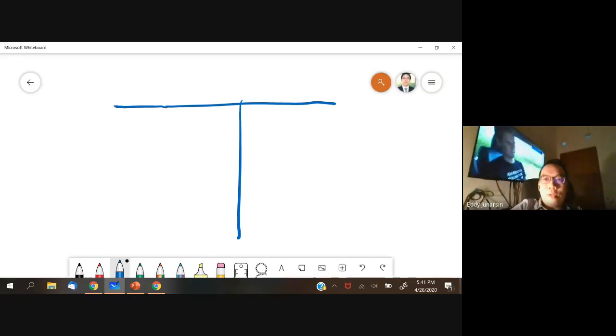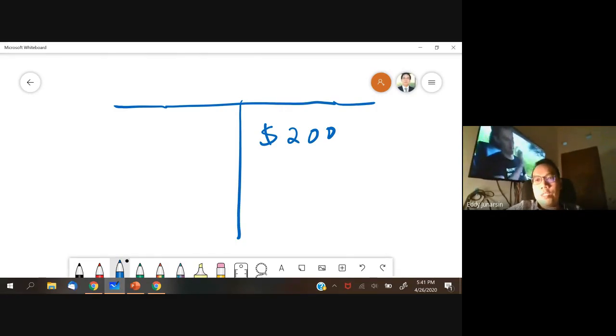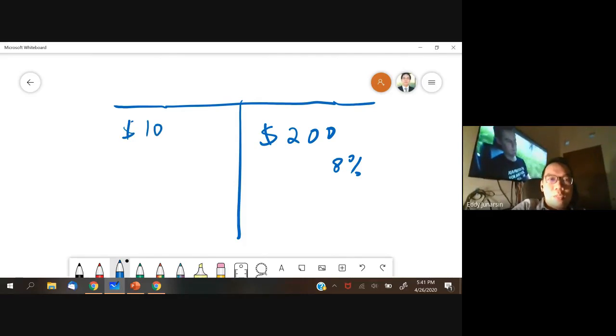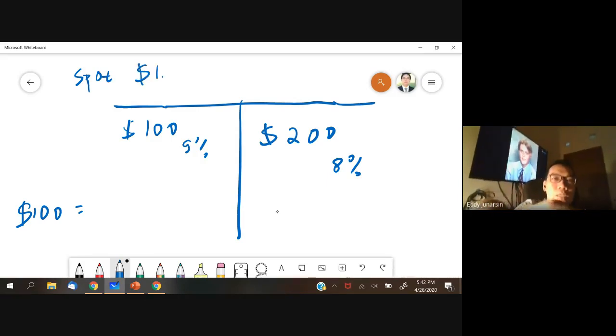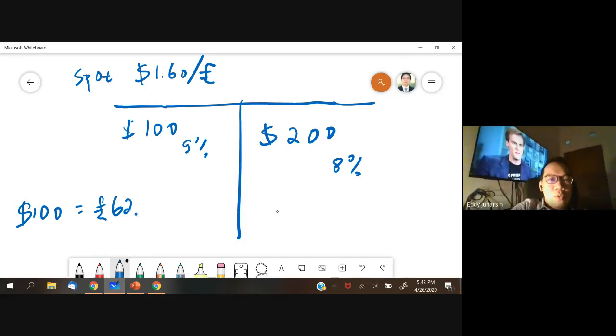So we have 200 million dollars liabilities with 8% cost of debt, and we have 100 million investment with 9% return, and another 100 million, but in UK pound, because the spot rate is 160 at the beginning, right? So 100 divided by 160 is 62.5 million, right, with 15% interest.